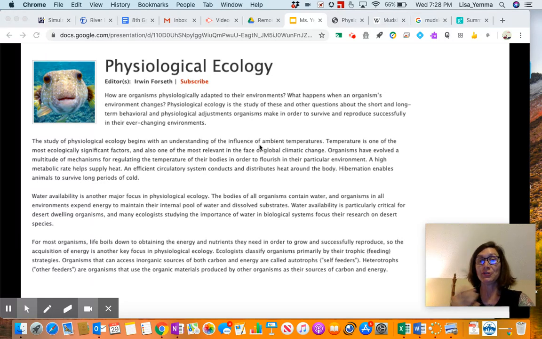So the first study begins with how do we understand how the organism survives in these ambient temperatures? Temperature is one of the most ecologically significant factors and also one of the most relevant in the face of global climate change.